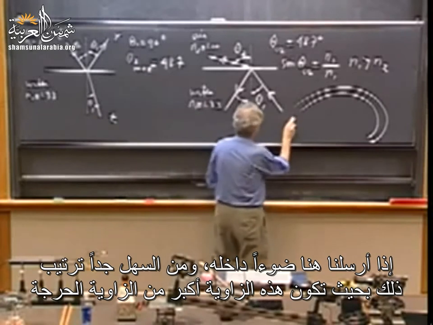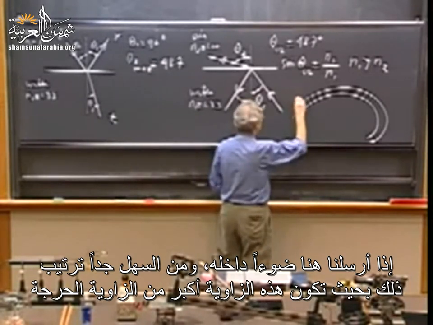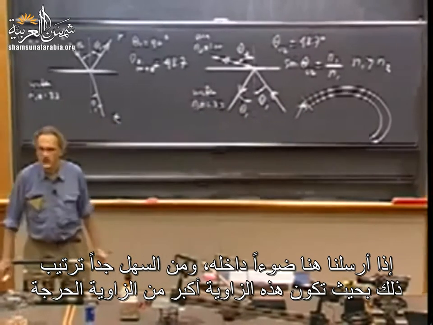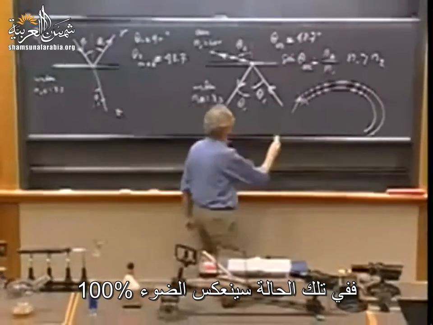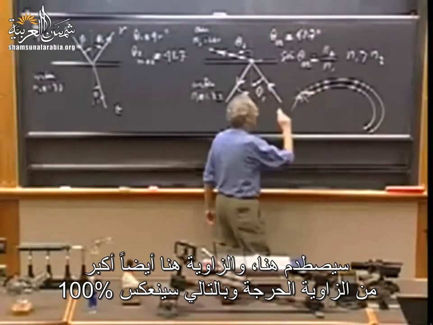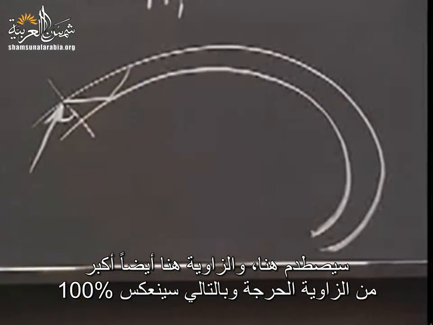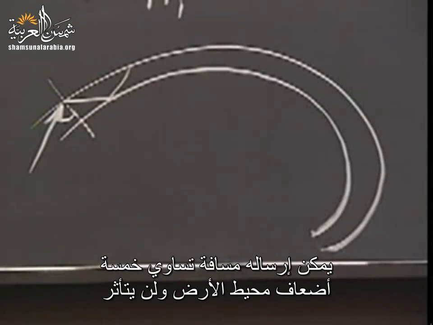And if we send light in here, then it's very easy to arrange that the angle there is larger than the critical angle. And if that's the case, then it is 100% reflected. But if it hits here, it's again larger than the critical angle. So it's again 100% reflected. And you can send it around 5 times around the Earth, and it will come out unaffected.